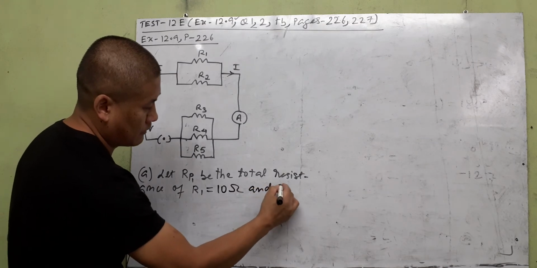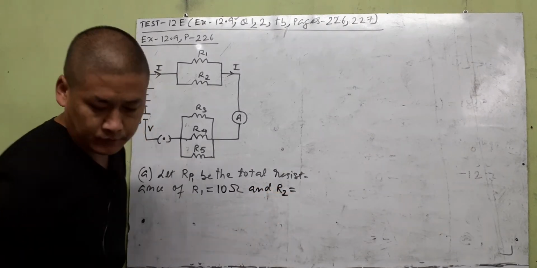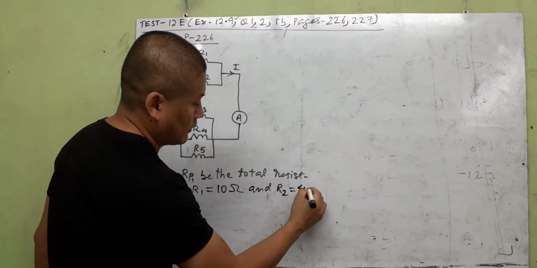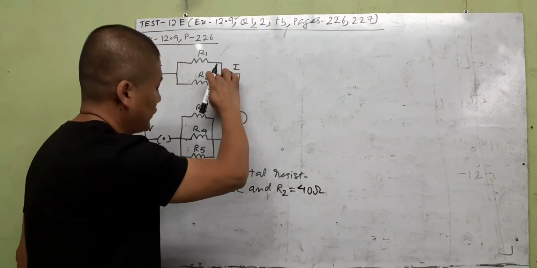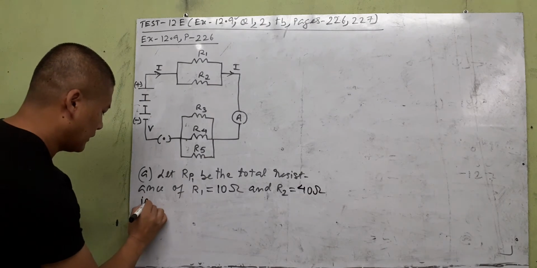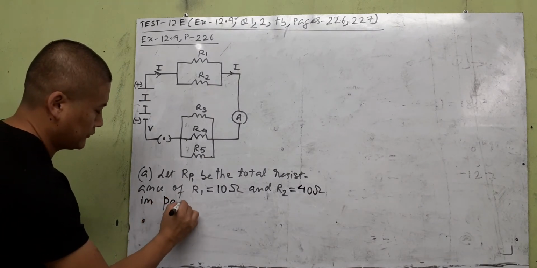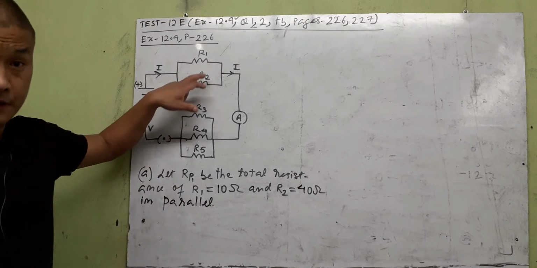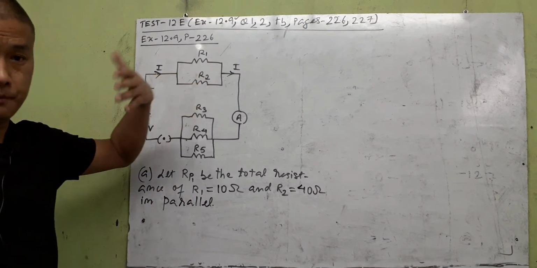And R2 equal to, textbook again, 40 ohms. So these two, which are 10 and 40 ohms, are in parallel. The question did not tell us, but we can figure it out because one above another is a parallel arrangement.